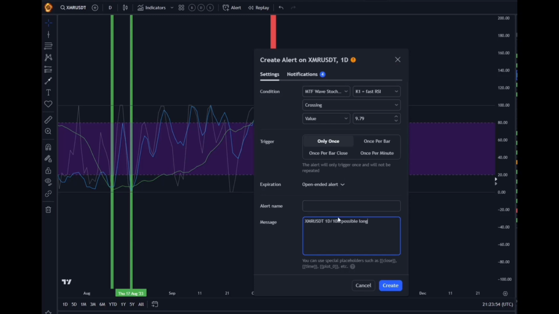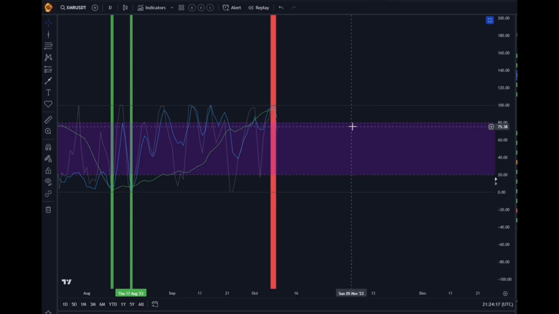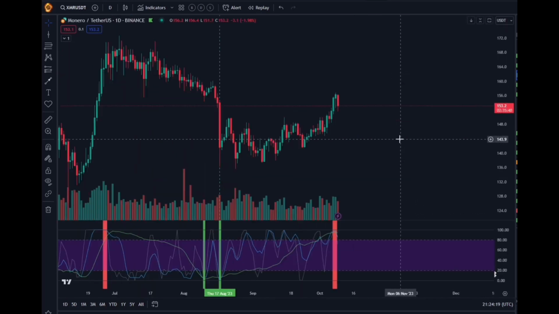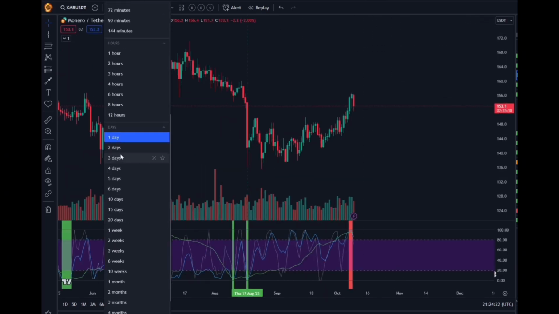What this does is it simply shows me that the relevant time frames that I selected for this one were the 1 day and the 10 day. So when I see this alarm, I know that before I do anything, I should look at the 10 day and the 1 day. So this is how I would be looking at Monero.